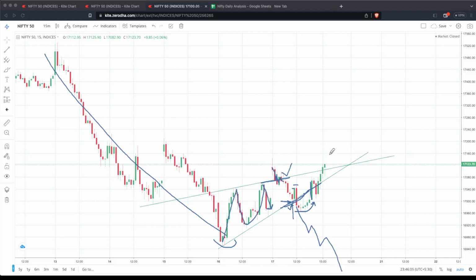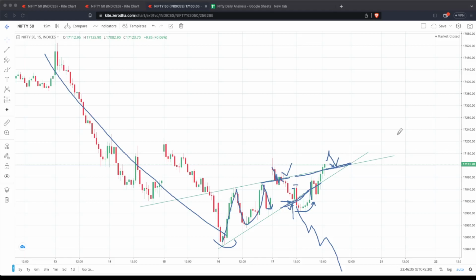And if price opens anywhere at the top, above the top of this wedge, this is the support line now, because if price opens above this line, we can expect the price to test it, or if the momentum is strong, it can go up, otherwise it can come back and test it. If it sustains and it eventually rises above, then it's a buy signal.